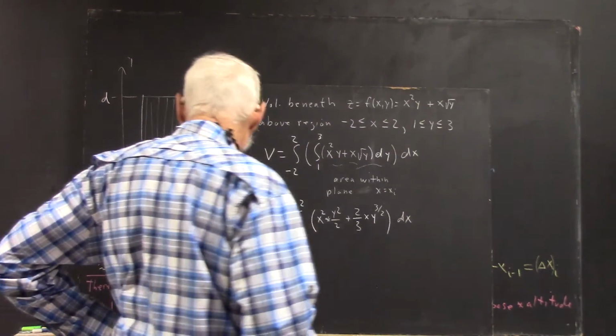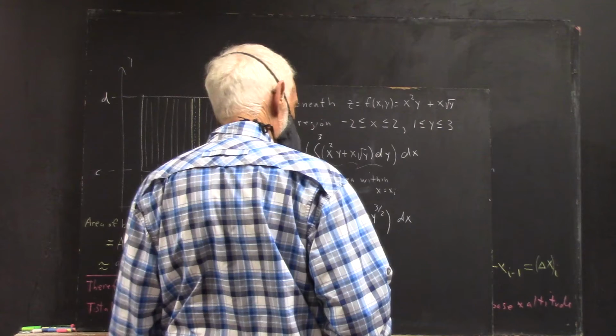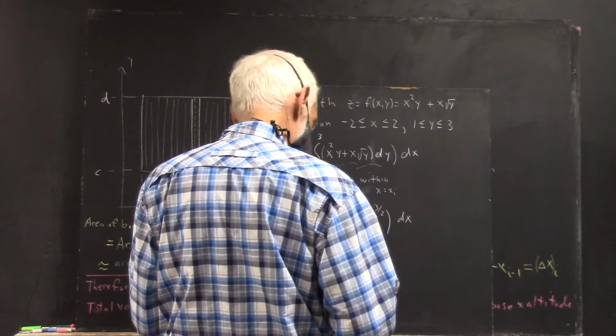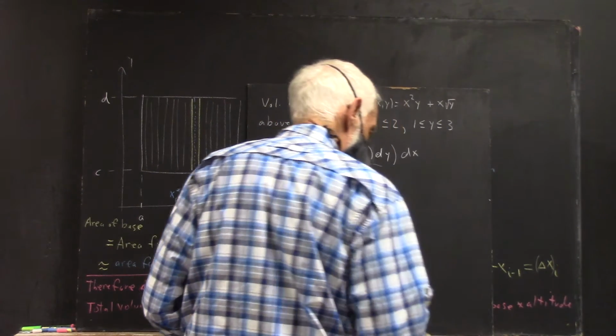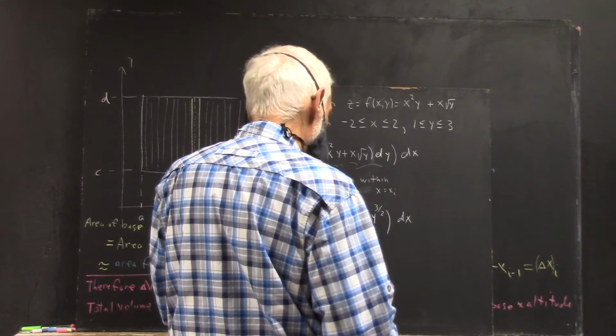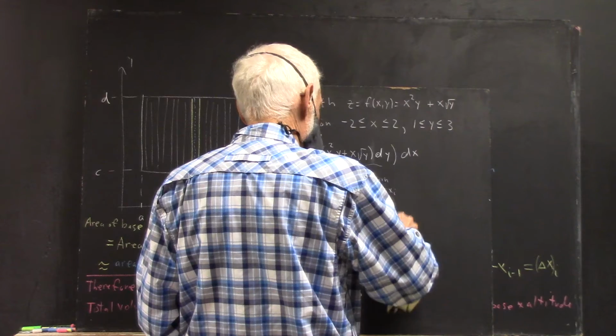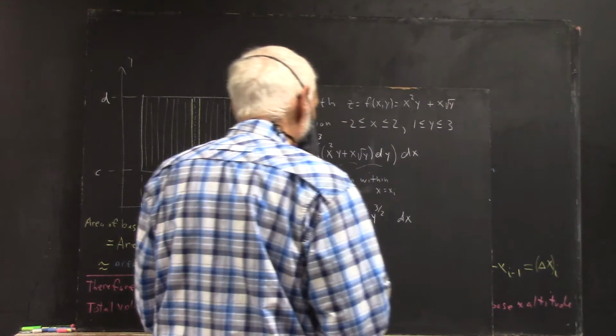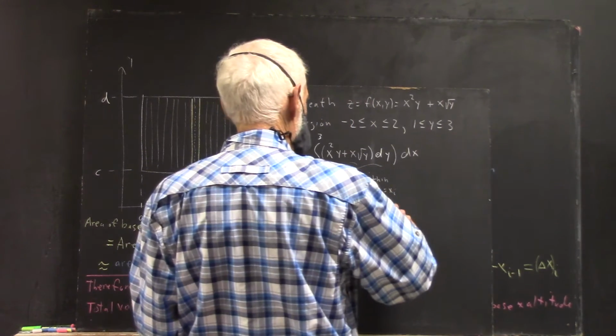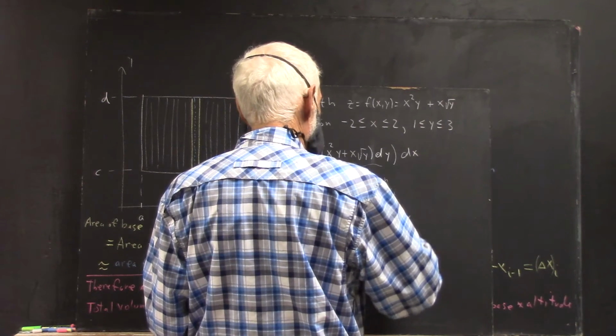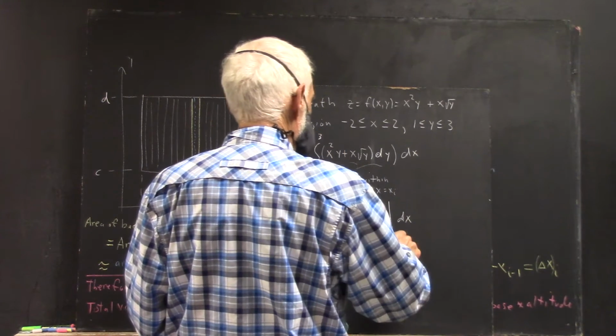And I'm being careless because I keep talking and not writing down everything that needs to be written down. If I look to go to the next step, I don't have what I need. All this is evaluated between 1 and 3.